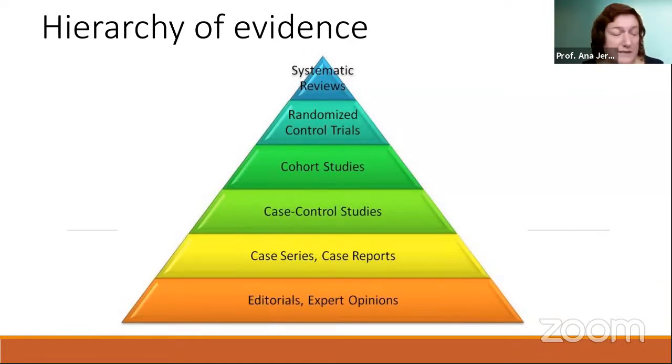However, if we are investigating diagnostic studies, then randomized controlled trials are not that good a source of evidence. So this hierarchy of evidence could be slightly changed depending on what your research question is and what we are trying to answer.